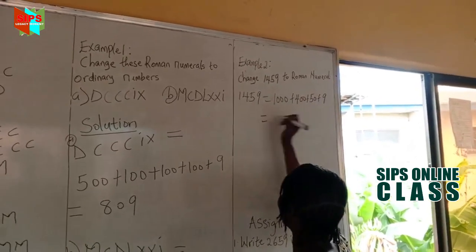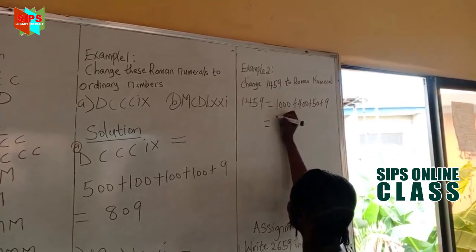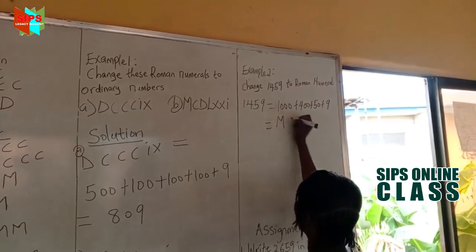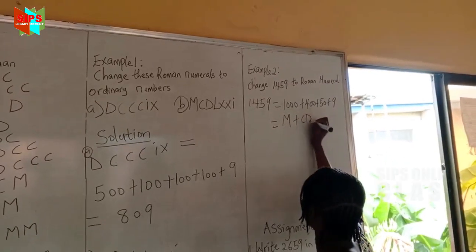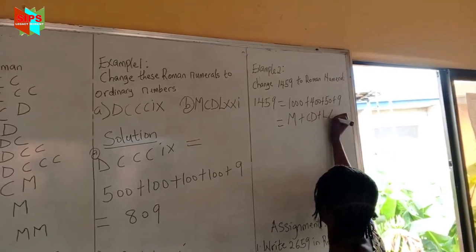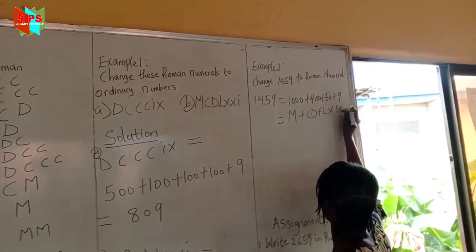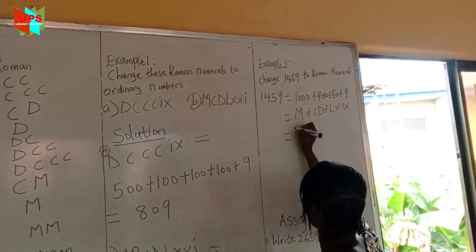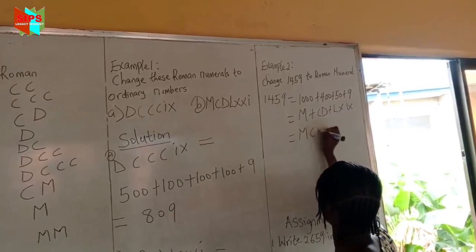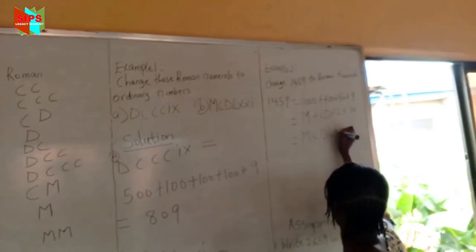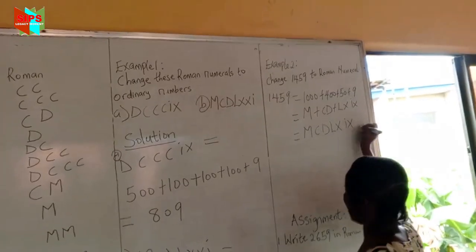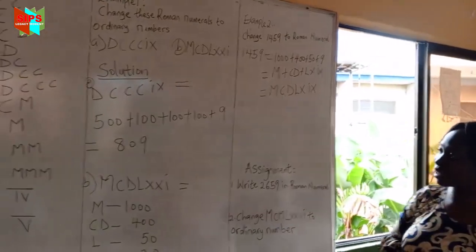So let's write the equivalent symbols. We have 1000 as M, plus CD, plus L, plus IX. If you are writing that together, you have your M, CD, L, IX. I believe you've gotten that.